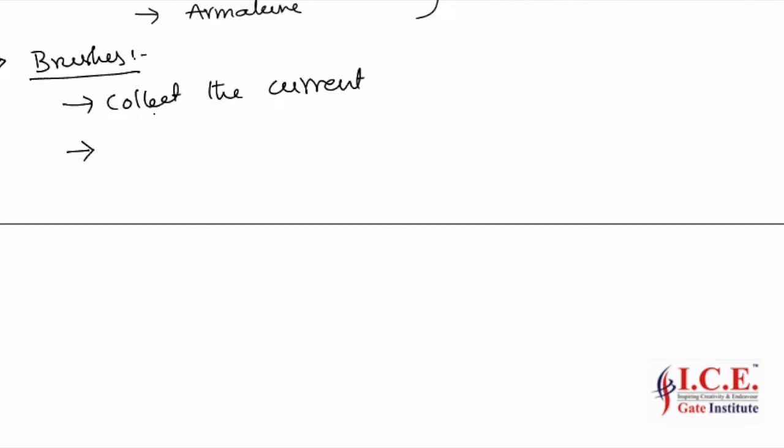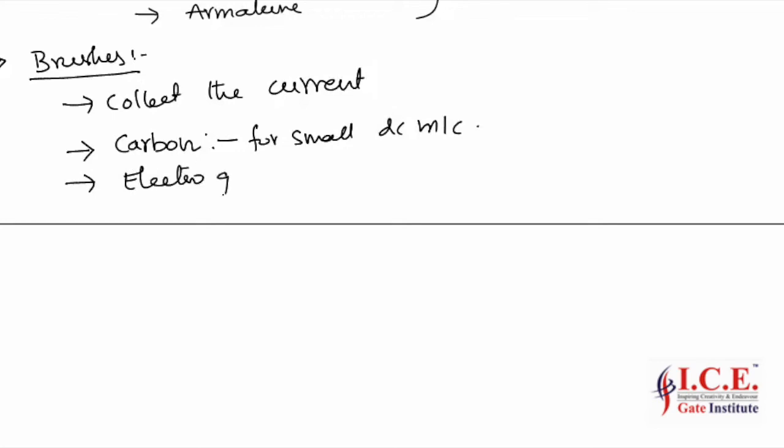It is made up of carbon for small DC machines, and it is made up of electrographite for all DC machines.